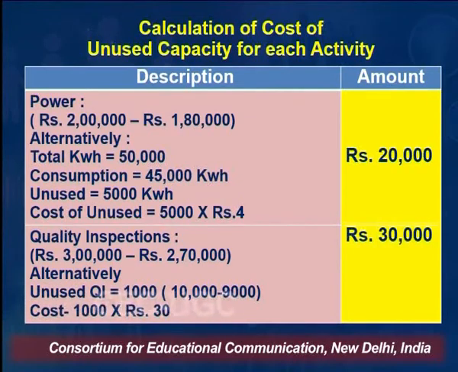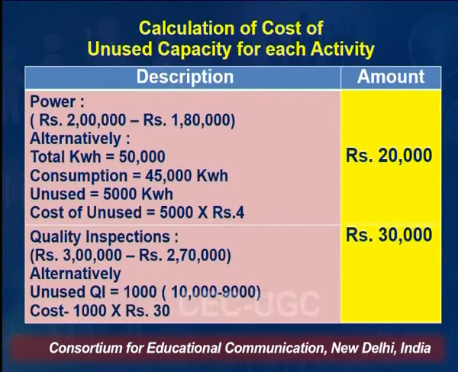Alternatively, the same can be computed with the help of kilowatt hours. We have total capacity of 50,000 kilowatt hours. Actual consumption was 45,000 kilowatt hours. So what is unused or reserve? 5,000 kilowatt hours. And the rate we know is rupees 4 per kilowatt hour. So 5,000 unused kilowatt hours multiplied with the cost of power, which is rupees 4, gives me the same value, that is rupees 20,000. So my dear learners, there are 2 ways to calculate the cost of unused capacity for power.